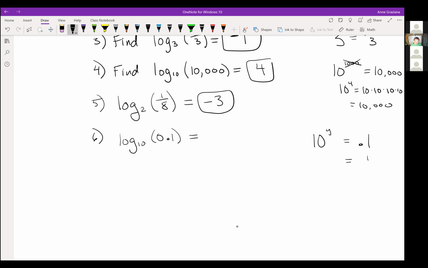It's 1/10. That 1 is in the tenths place. So you can rewrite 0.1 as 1/10, which means the exponent is really what? -1. It's -1. So just realize that 10 to the -1 is the same as 1/10, which is also the same as 0.1.